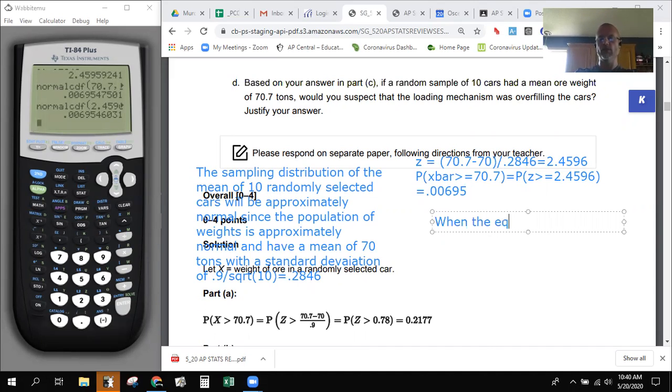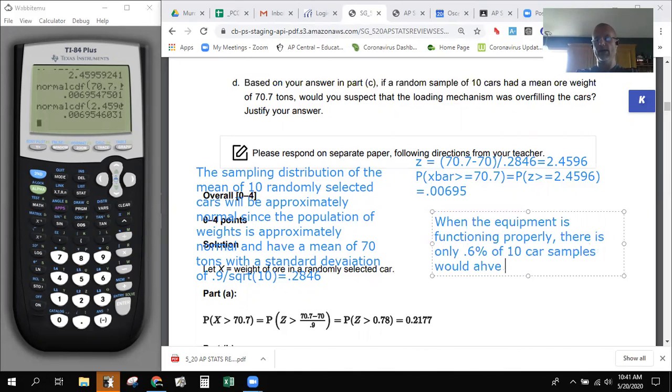When the equipment is functioning correctly, or properly, I think they say, there is only a 0.6% chance, only 0.6% of 10 car samples would have a mean weight greater than or equal to 70.7 tons.